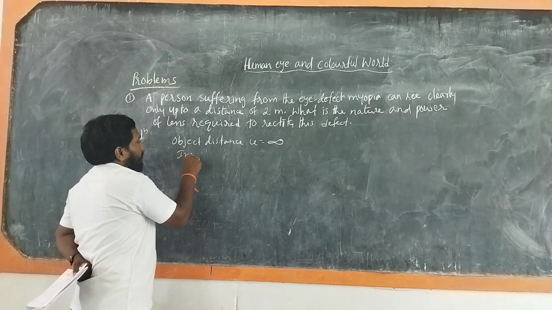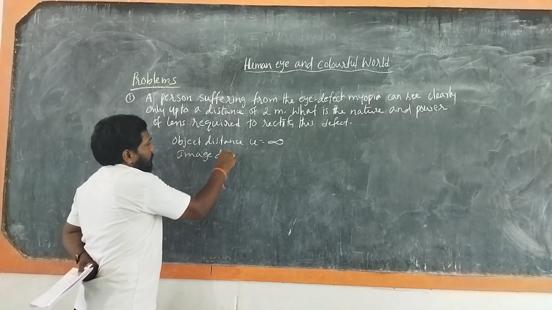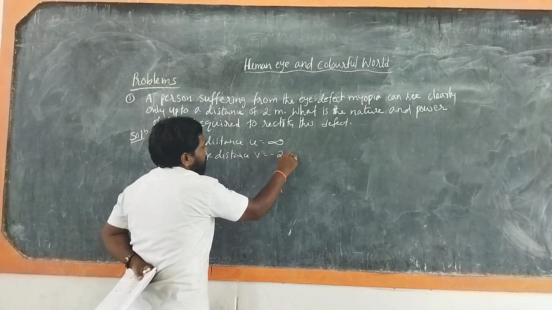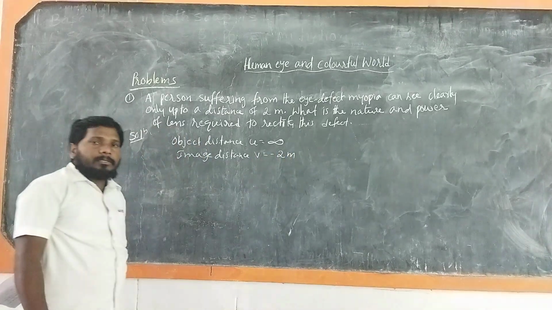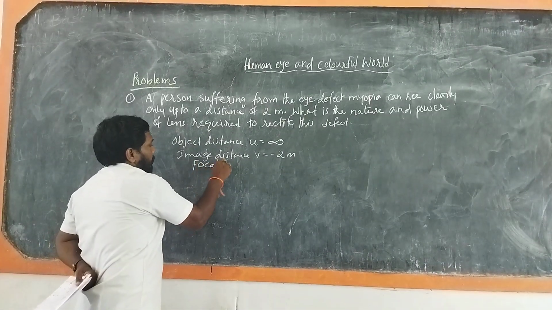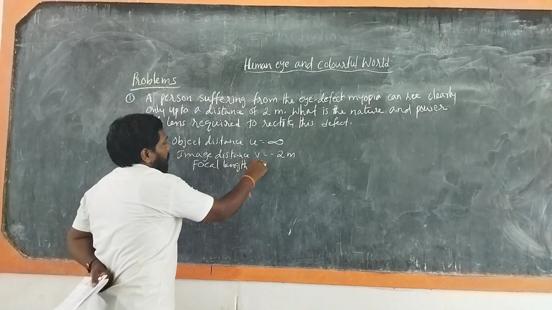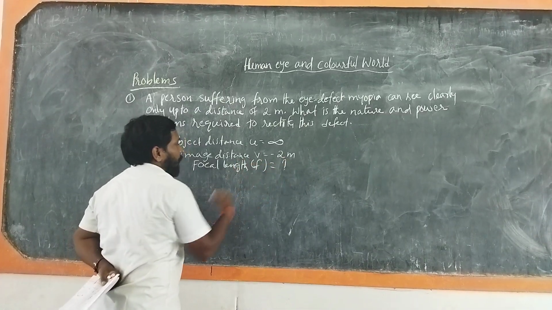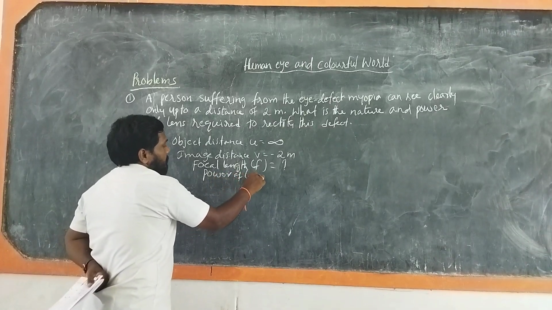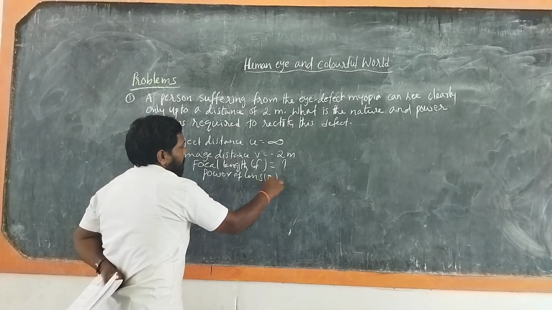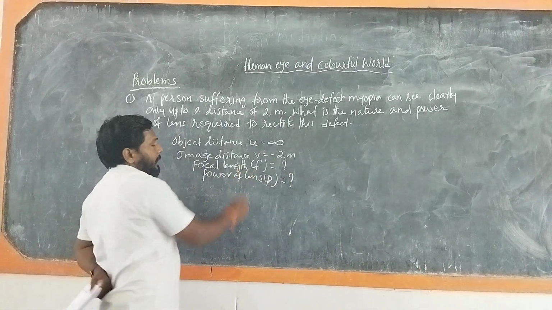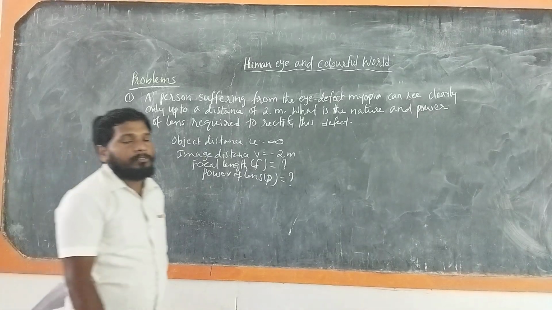Then image distance v is equal to minus 2 meters. Then focal length f we need to find, and also find the power of lens. To know power of lens, we need to find the focal length.